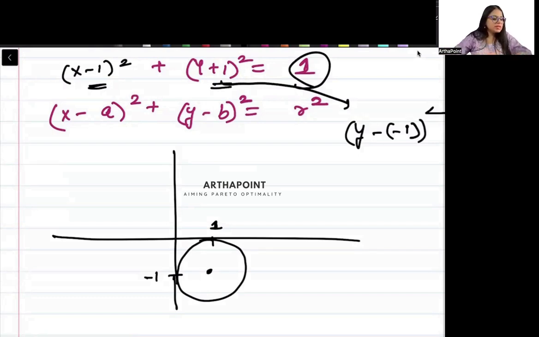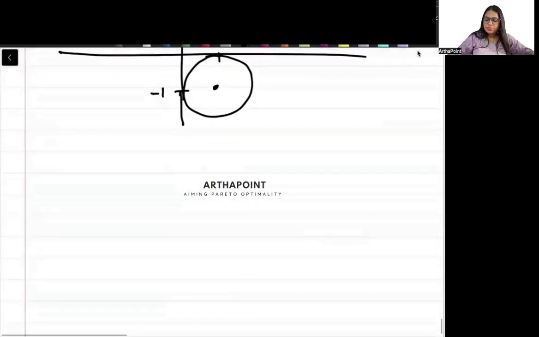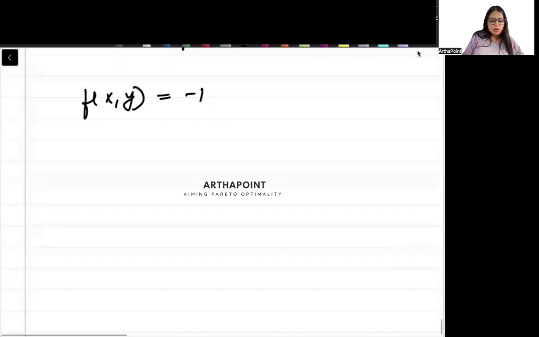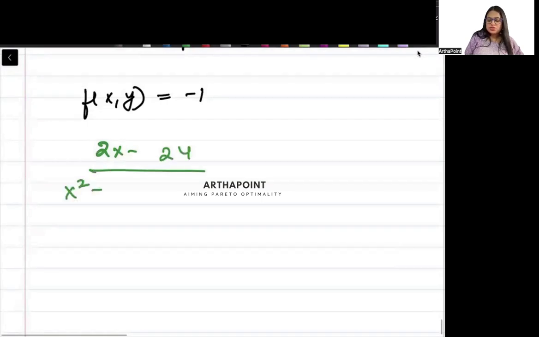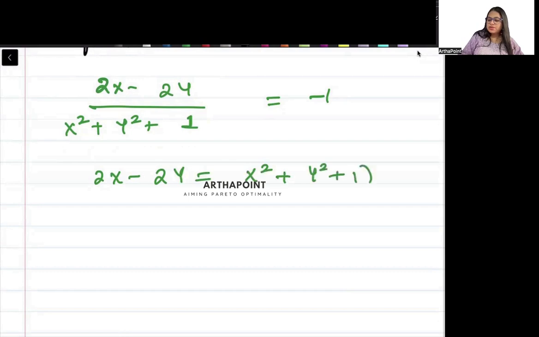The second part is saying take k as -1. ठीक है. So I will repeat this process. So f of xy will be equal to -1, beta. So this will give me 2x minus 2y upon x square plus y square plus 1 is equal to -1. So this will give me 2x minus 2y is equal to x square plus y square plus 1 into -1.